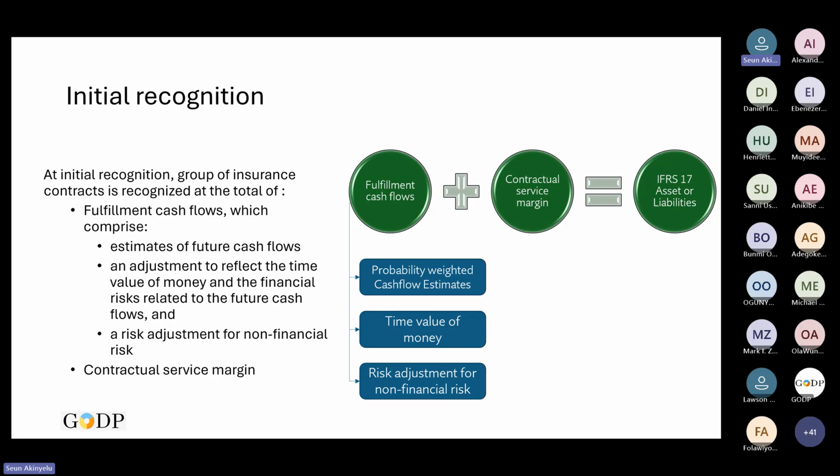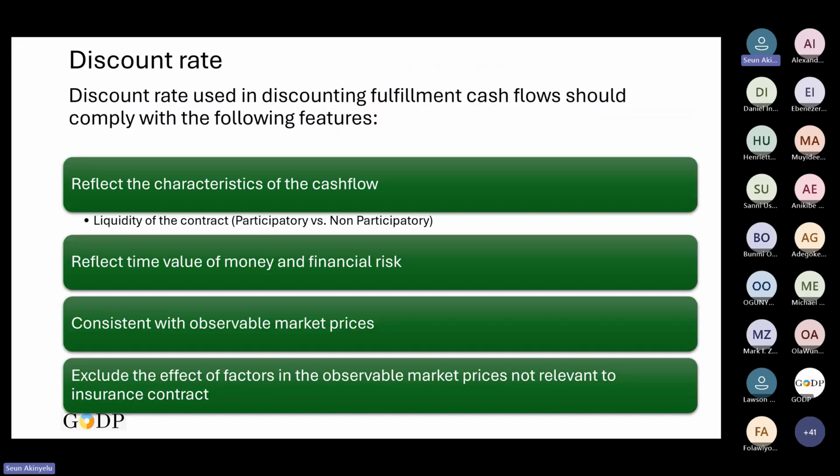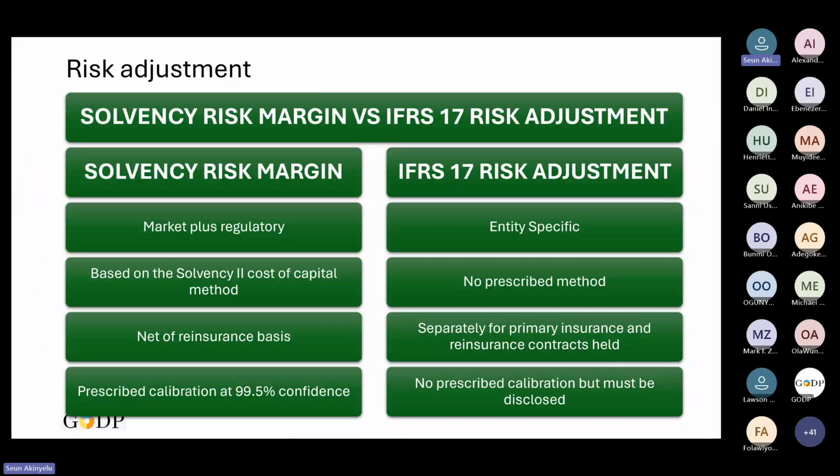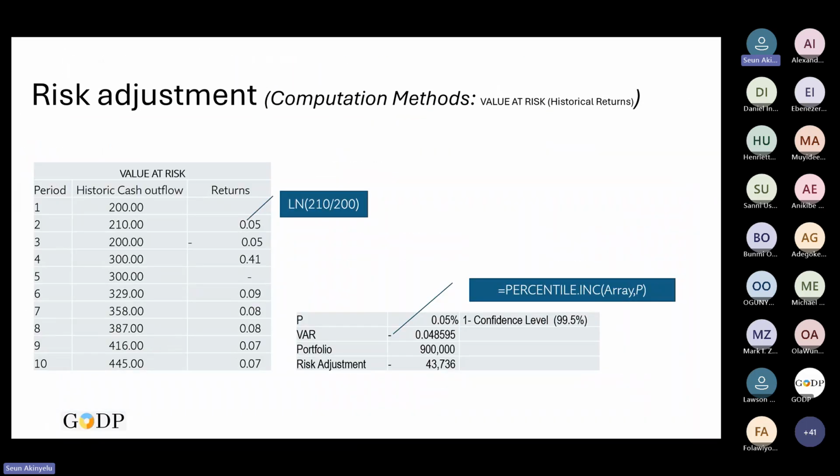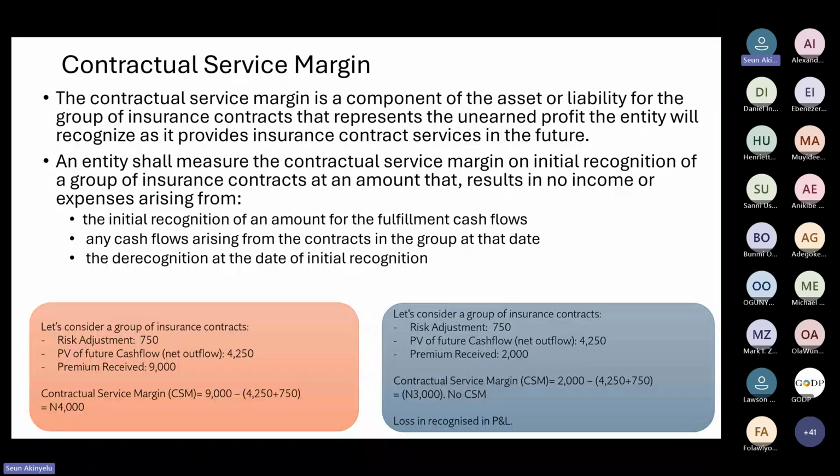Remember, we said that before. So how much will it be at initial recognition? How do you calculate contractual service margin? Let me go straight to real life. Contractual service margin basically is that amount that represents the unearned profit that the entity will recognize as it provides the insurance contract.